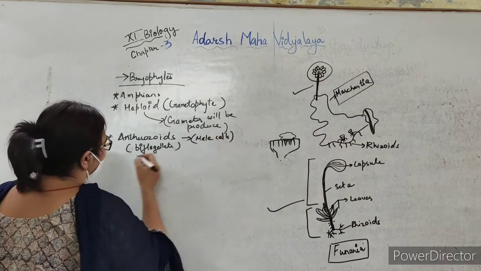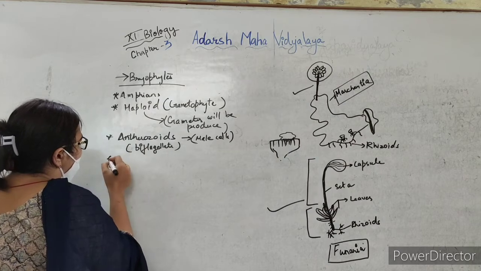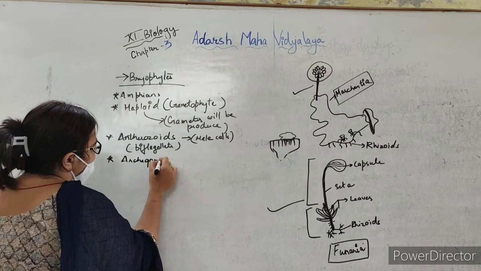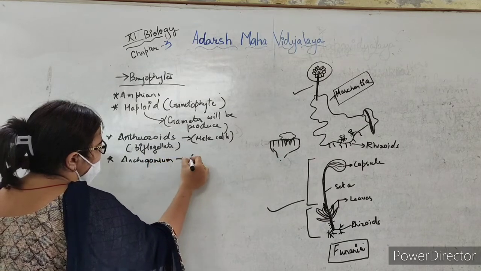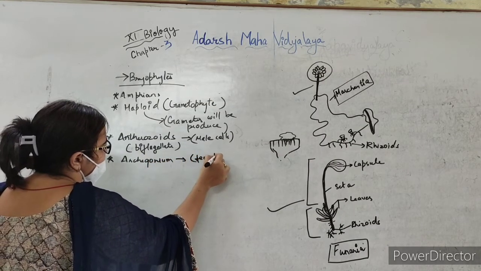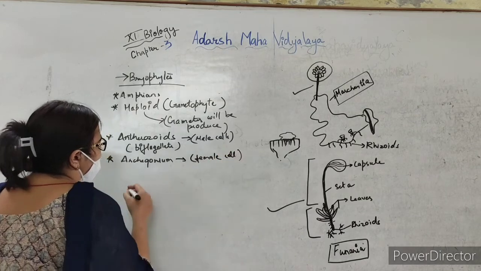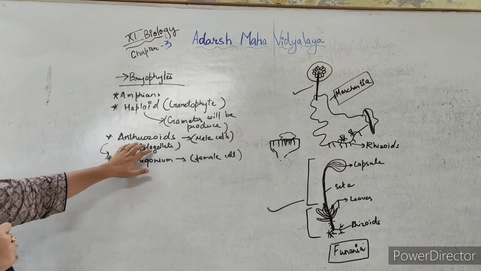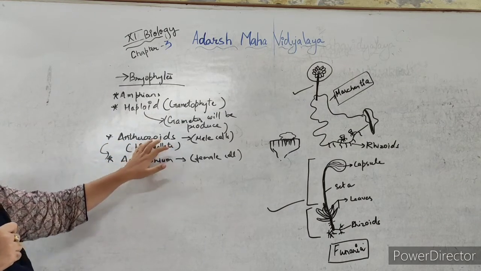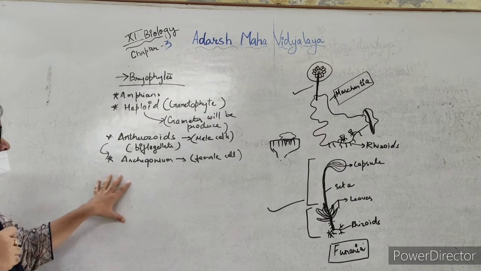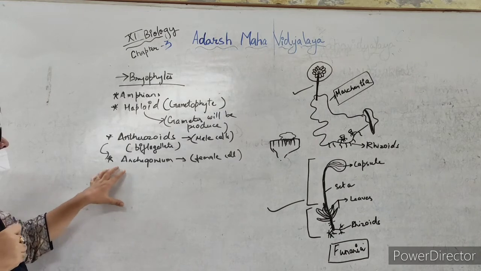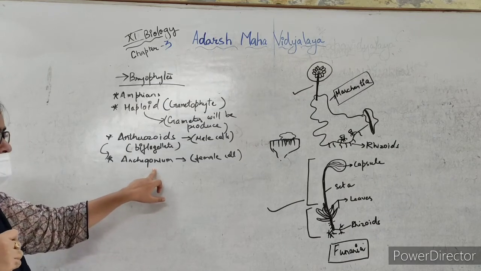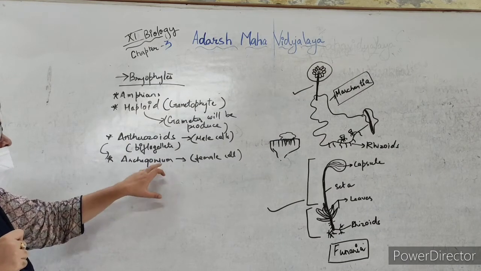The archegonium is the female structure. Now the antherozoids, the male cells, will move in the water and reach the archegonium, and fertilize the egg there.